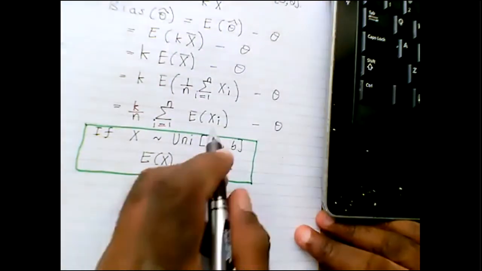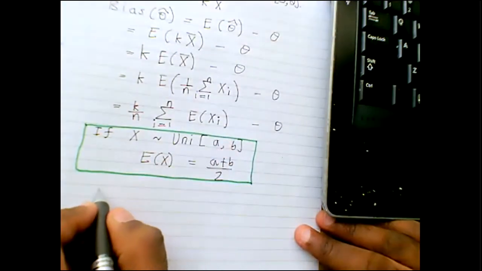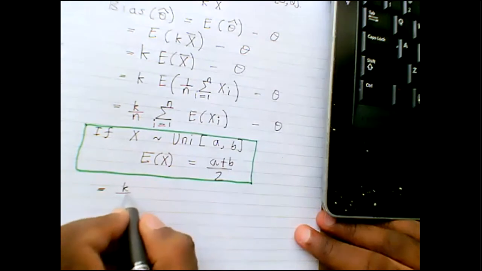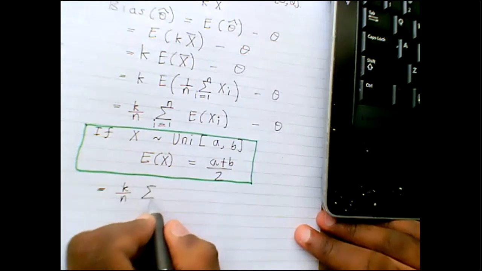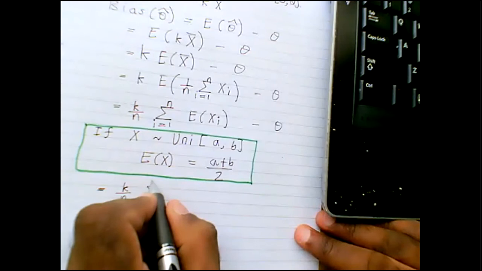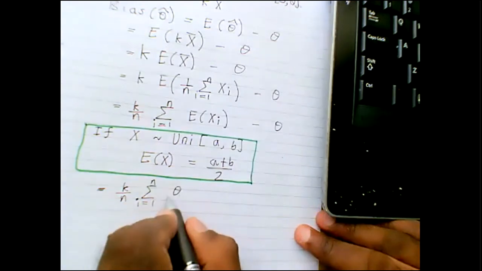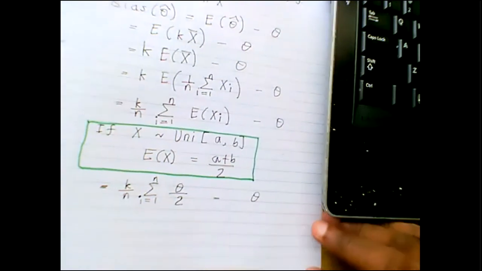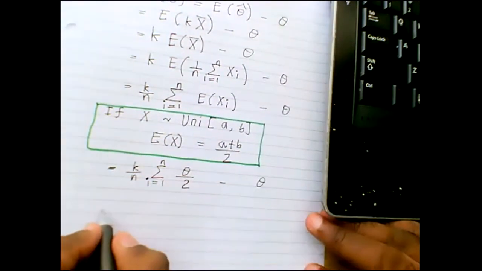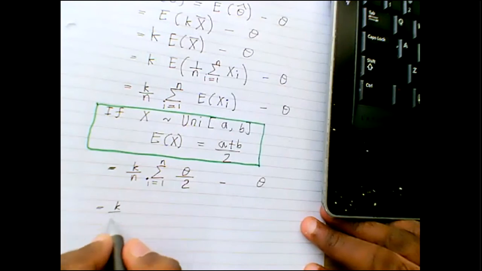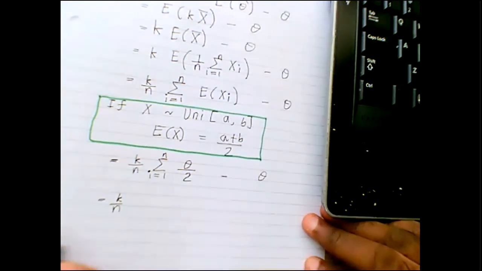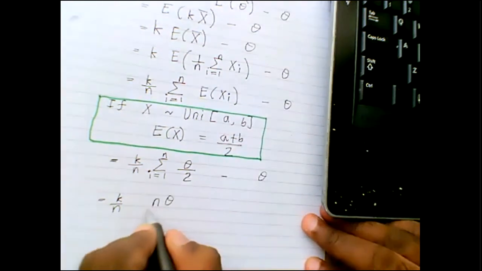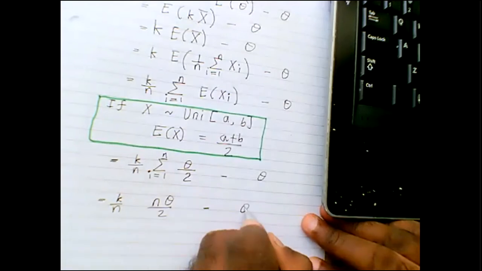Now, if you apply this formula here, you get theta divided by 2, minus theta. So this is k over n. The theta by 2 is a constant, so it's n times theta by 2 minus theta.